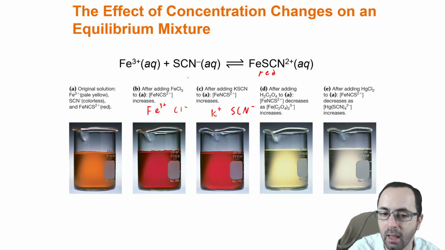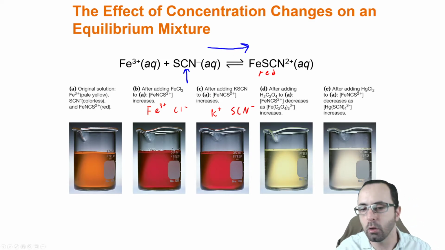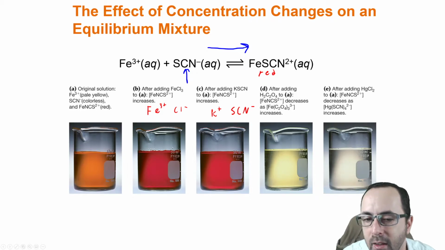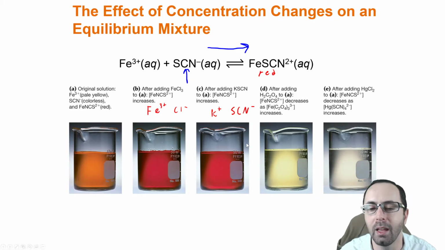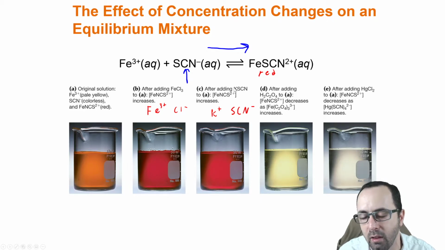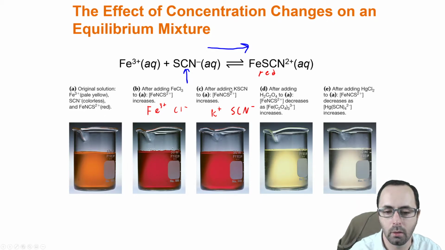And so here again, we're adding more reactant, and then the reaction must move forward to remove that additional reactant that we added. And so you see again the solution becomes more red because the equilibrium has shifted to the right and more of the iron thiocyanate complex has been made.